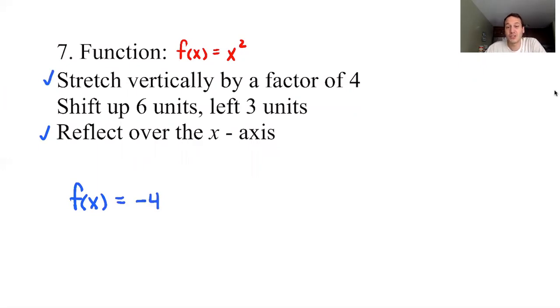I want to take care of the shifting left 3 business. So that's going to be x plus 3 on the inside of parentheses. And then don't forget your squared symbol. Again, there's a squared symbol here, which means we need our squared symbol. Okay. Up 6 means positive 6 on the outside.